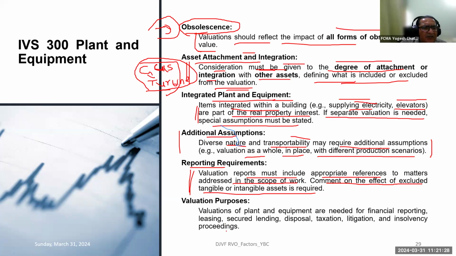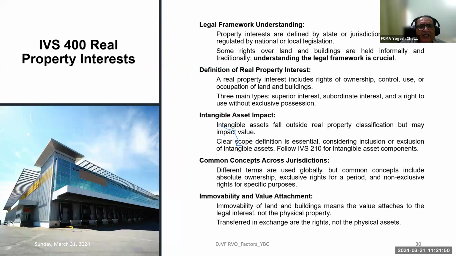So all that is very important. Valuation purpose: a valuation of plant and equipment is needed for financial reporting, leasing, secured lending, disposal, taxation, litigation, insolvency proceedings. So these are the purposes for which the evaluation of plant and machinery will be needed.